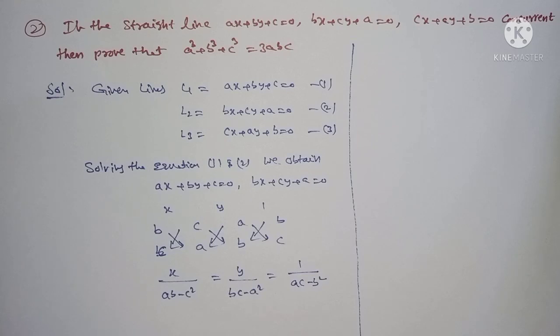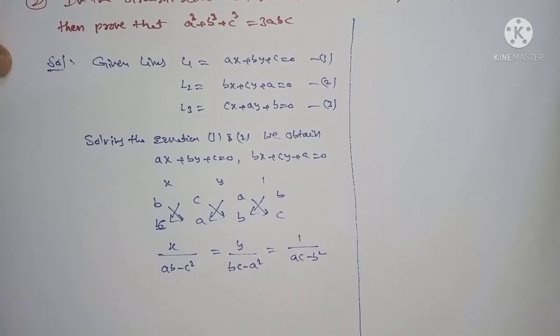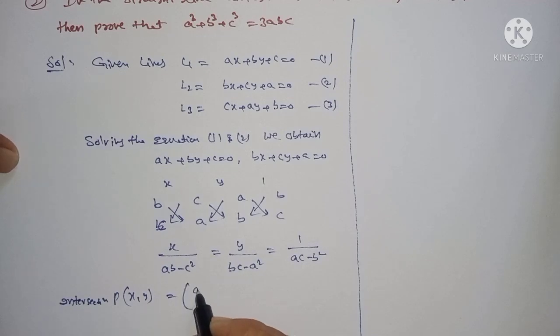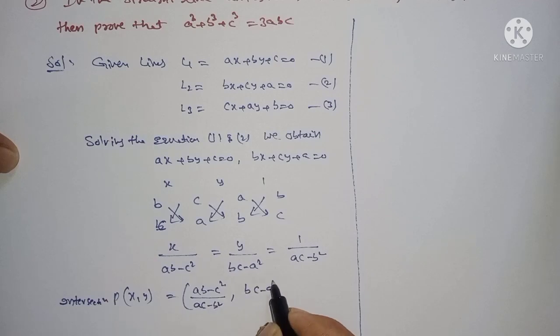Therefore the point of intersection P of x comma y you can write here: ab minus c square by ac minus b square, bc minus a square by ac minus b square.